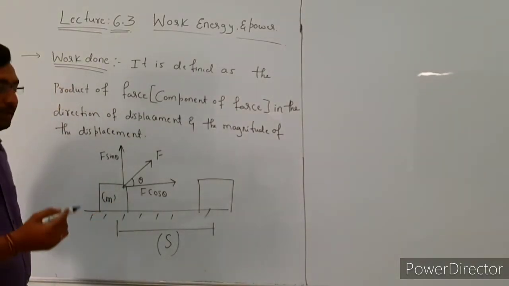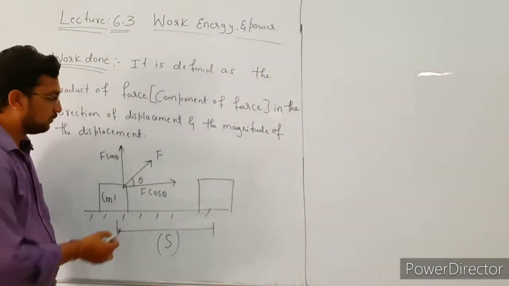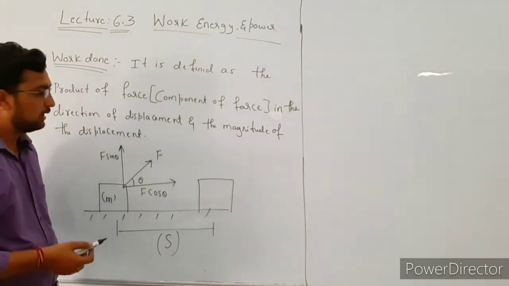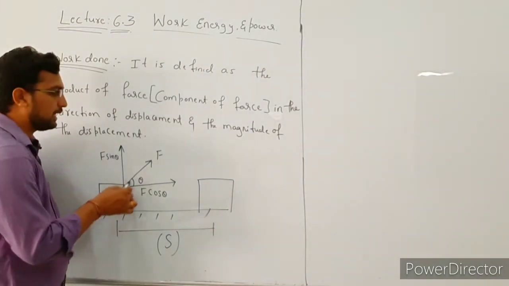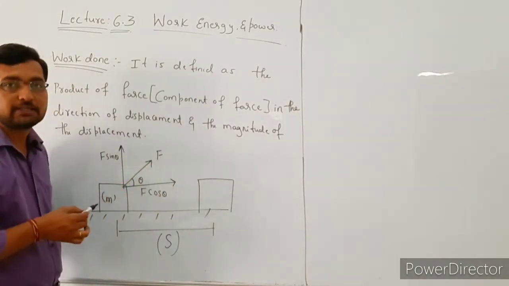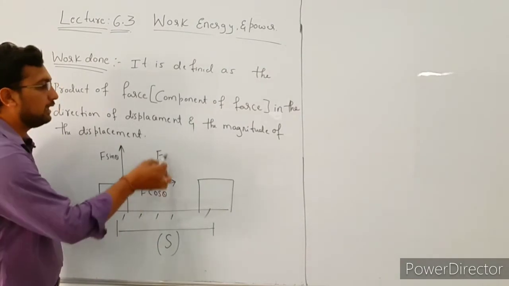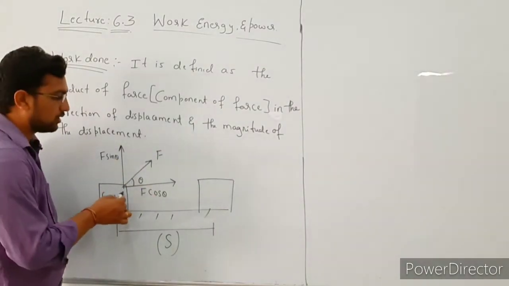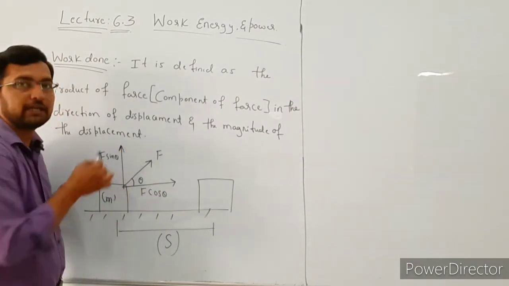See here, in this case, we consider a body of mass m placed on a horizontal surface. Afterwards, a force acts on this body and it makes an angle theta with respect to the horizontal direction. Here force is a vector quantity. It can be resolved into two components, one is a horizontal component and one more is a vertical component.